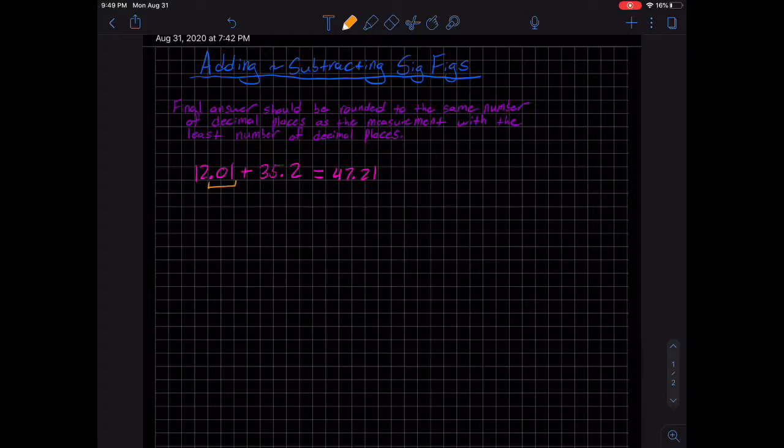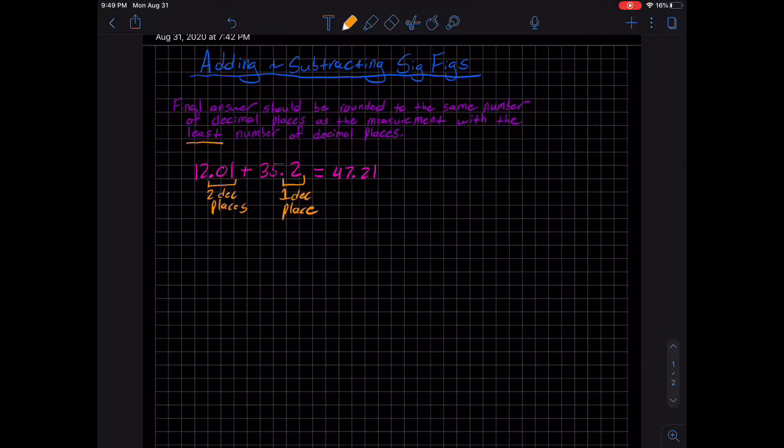What I mean by that, in this first one, 12.01, there are 2 decimal places. In the second part here, 35.2, we only have 1 decimal place. And our final answer has to have the same number of decimal places as the measurement with the least number of decimal places, which would be right here at 35.2.